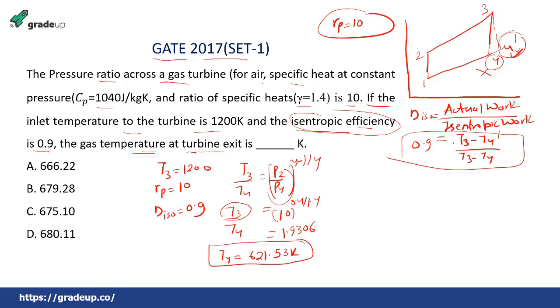Since you know the value of T3 is 1200 and T4 is 621.53, you can find the value of T4 dash. After solving it, you will get T4 dash equal to 679.38. Out of the given options, option B is 679.28, so this is close to our answer. So option B is the right answer.